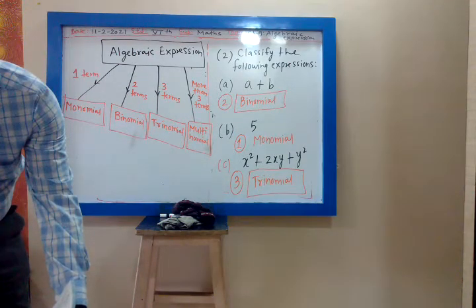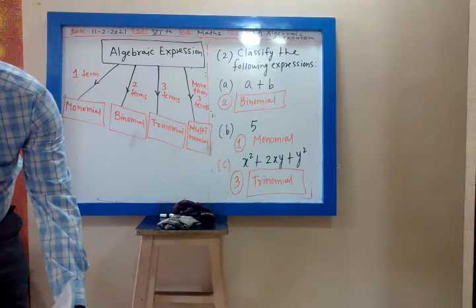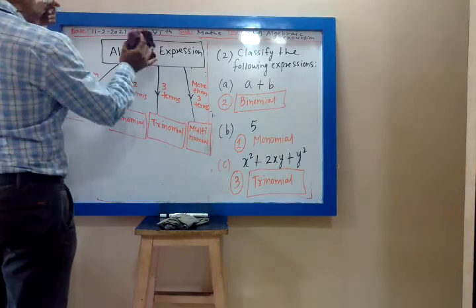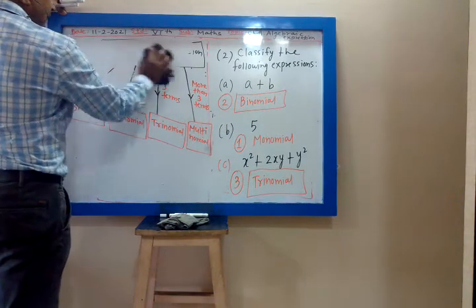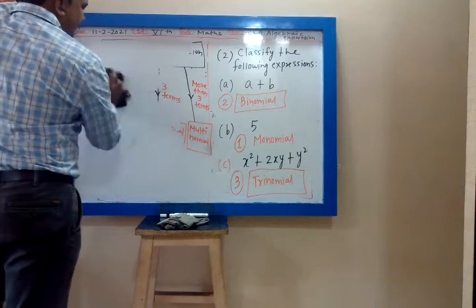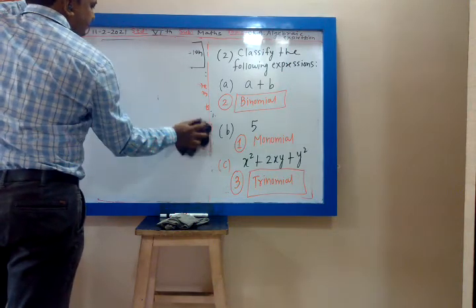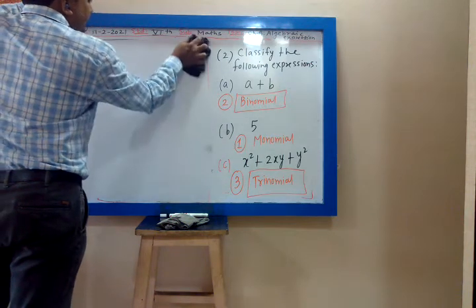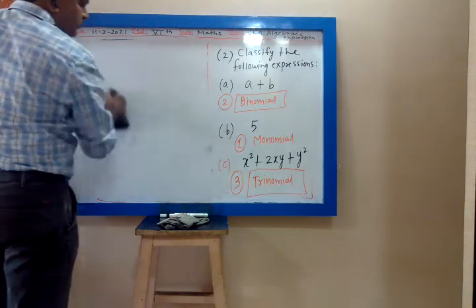Is it clear? 3 terms, so it is trinomial. I have written 2, and 2 means 2 terms.